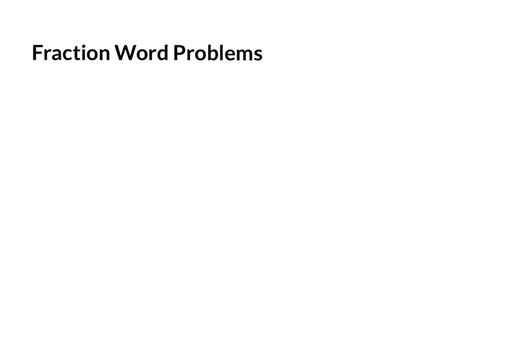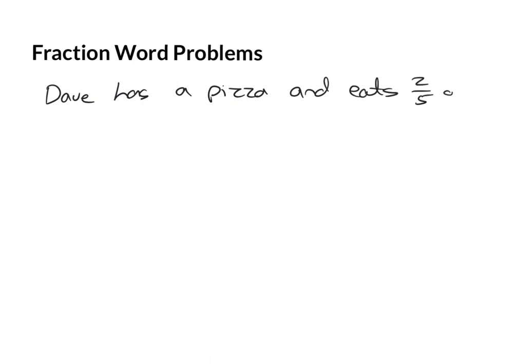So we could have something like this. We could say that Dave, whoever he is, has a pizza and eats, he's not very hungry, so he eats 2/5 of the pizza on, let's say, Monday, okay?